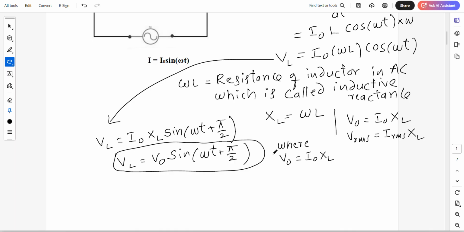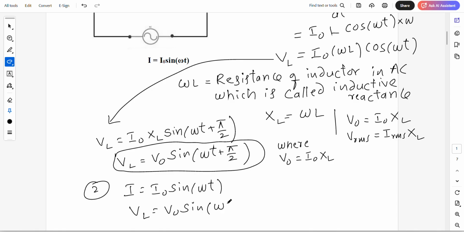Now, number 2. What is given? I is equal to I naught sin of omega t, that is the supply current. The voltage across the inductor you are getting is VL equal to V naught sine of omega t plus pi by 2.